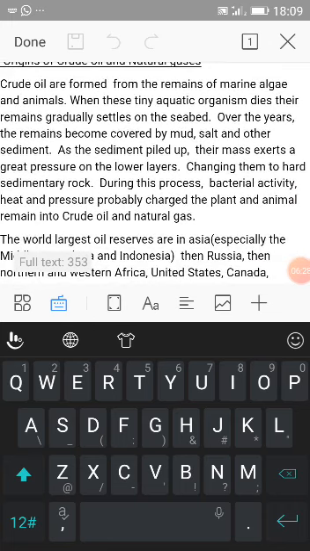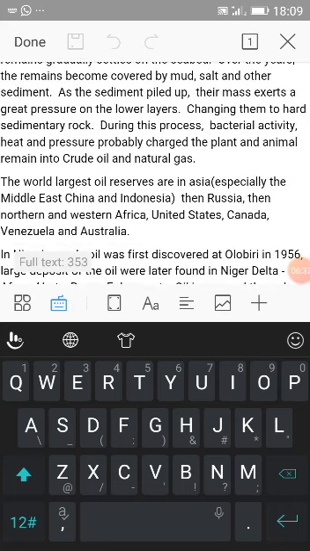You have the sedimentary rock form layers, first of all. Then another one is that during this process, bacterial activity, heat, and pressure probably changed the plant and animal remains into crude oil and natural gas when the bacteria work on it.